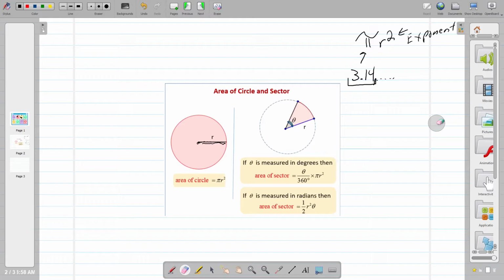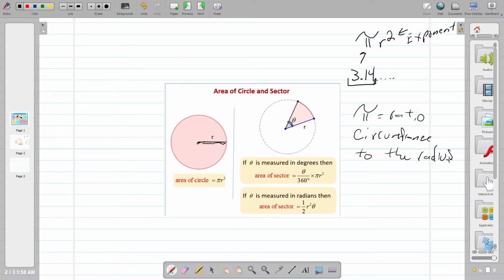All right, so pi r squared. Pi is the ratio of a circumference to the radius.